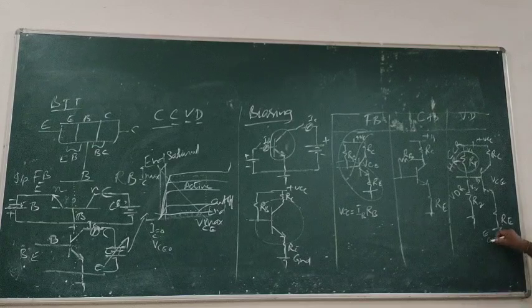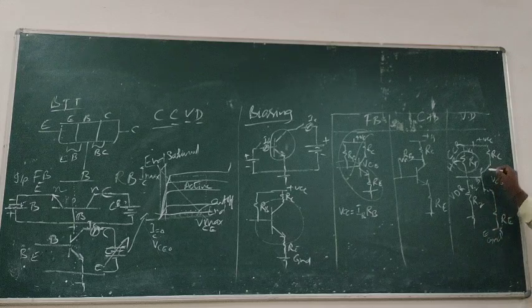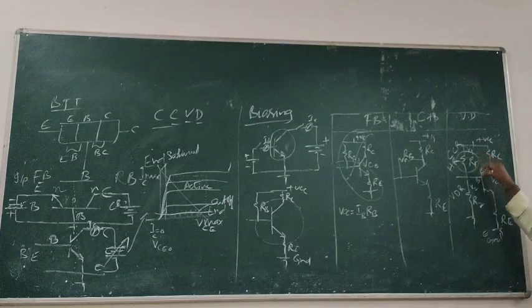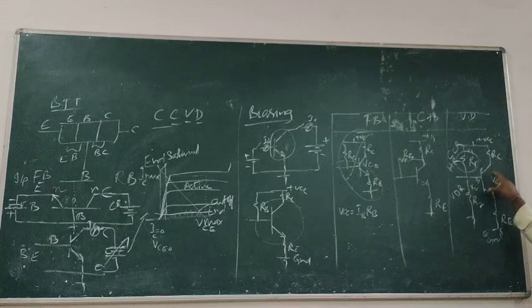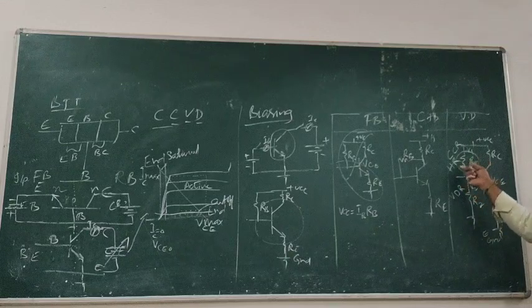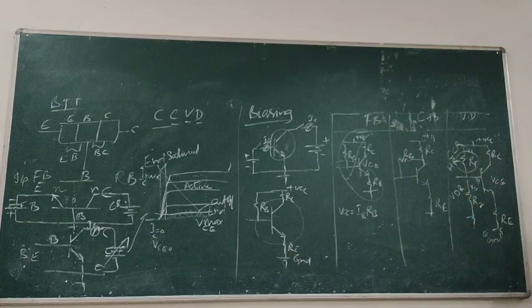Okay. So in this case, if any one of the components is burned out, there is no need to go for a complete redesign. Just find the fault wherever it happens. If the transistor is burned out, we change the transistor. There is no need to change the whole design. If the high resistance is burned out, you have to replace it with the same value of resistor.